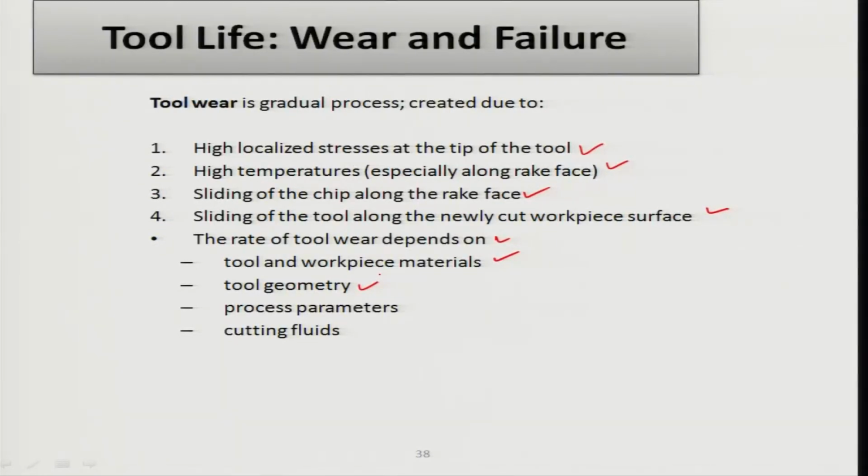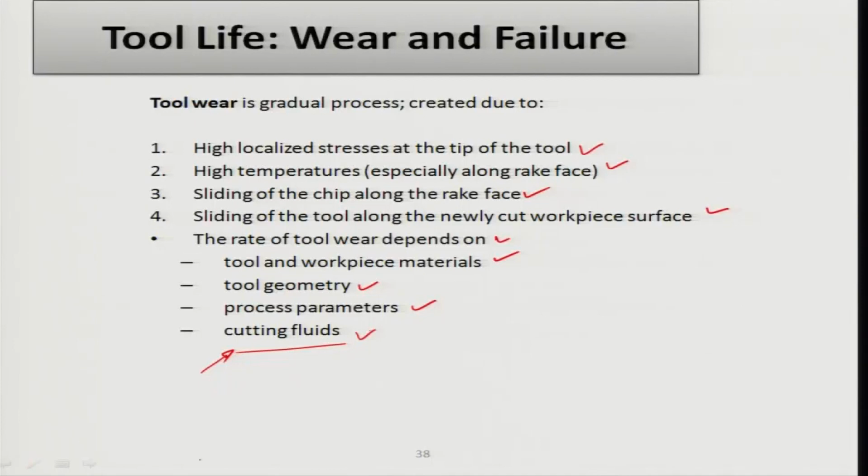The tool wear and tool life also depend on process parameters, particularly cutting conditions, which are very significant to the change in wear rate or tool life, and then finally on cutting fluids, because these are normally used for heat transfer in the cutting zone, so that the overall temperature does not reach a value where built-up edge formation starts to take place. So, these are some of the dependent parameters which govern what kind of tool life or wear characteristics of the tool would occur.